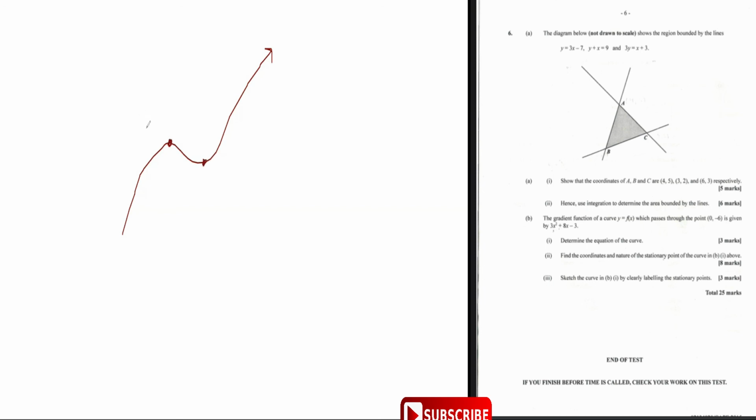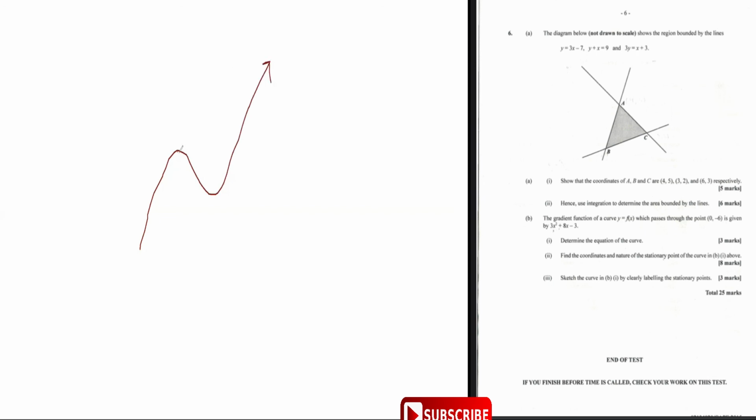All right, the maximum point, again, this was (-3, 12). Let me not make them so close. Let me try to sketch it a little better. So maximum, then the minimum point. I think this looks better.